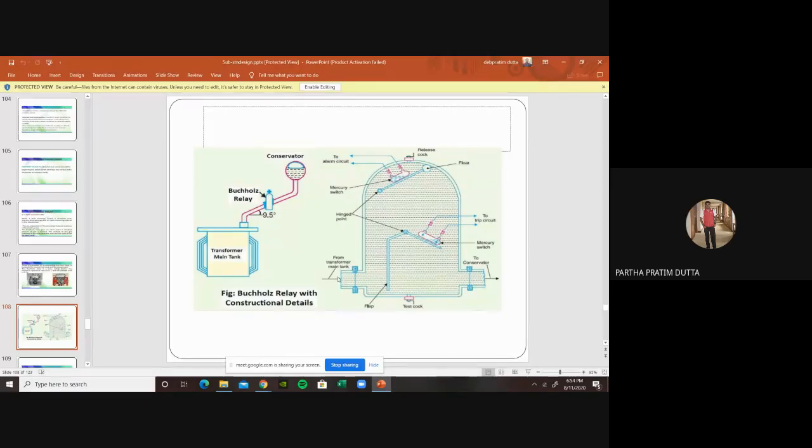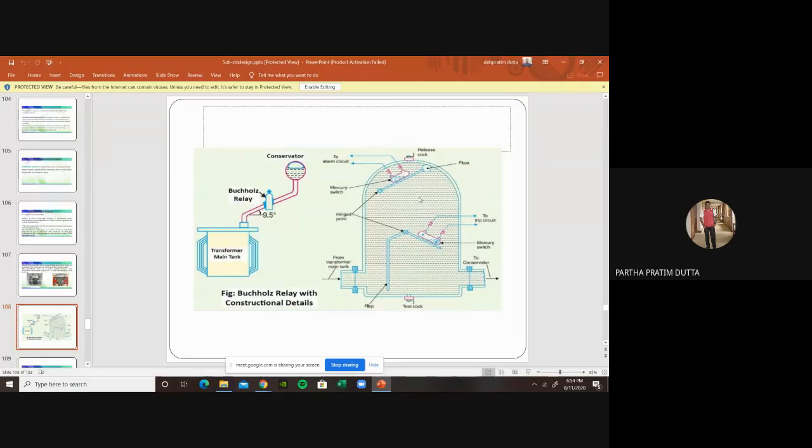Now when something happens internally, and gas is evolved from that particular heat generation point or fault point, the gas usually goes up, and it creates an environment where the oil goes down.